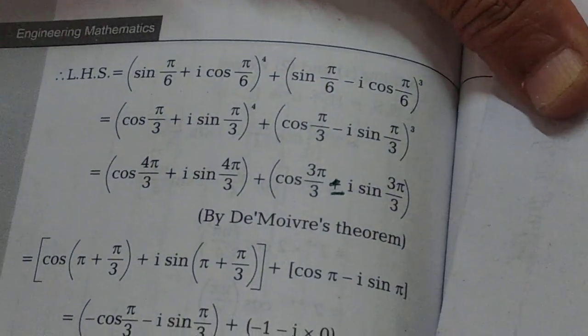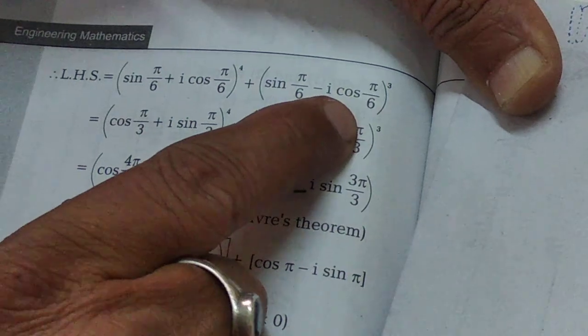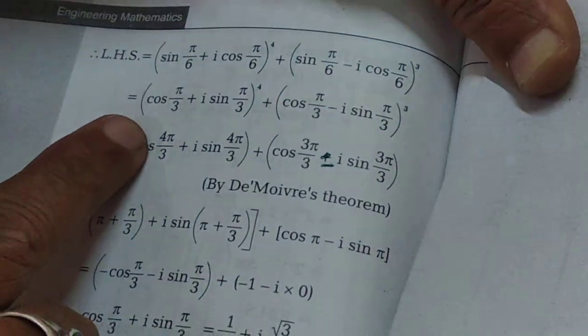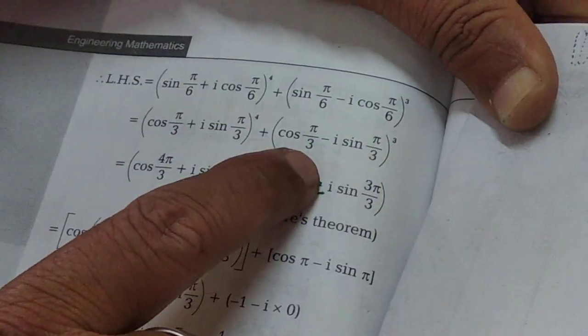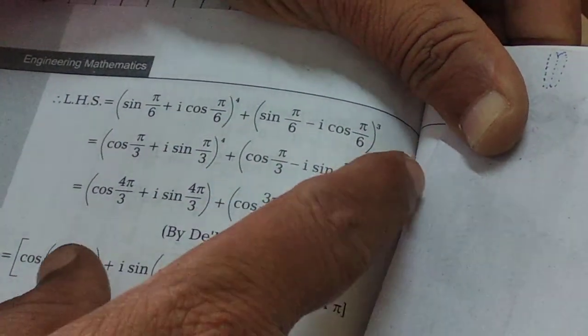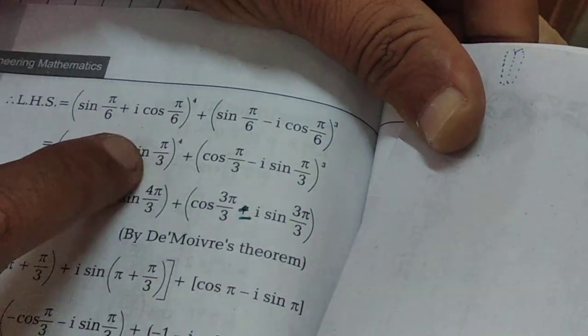sin of pi by 6 plus I cos of pi by 6 raised to 4 plus sin of pi by 6 minus I cos of pi by 6 raised to 3. So that is equal to sin pi by 6 is cos pi by 3 plus I sin pi by 3, and cos pi by 3 minus I sin pi by 3 raised to 3, raised to 4 as it is. We use the de Moivre's.